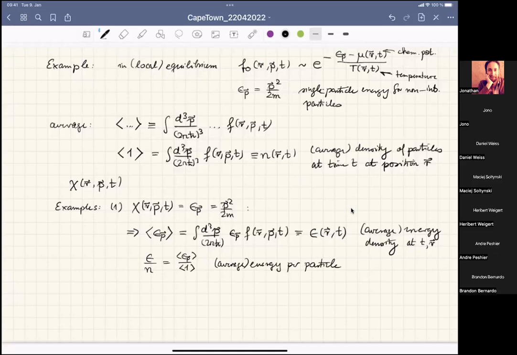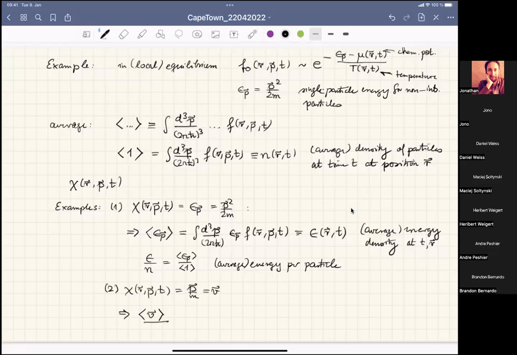Let's make another example, which I will make use of later. Let me take the velocity of the particles, p over m, or v, as this chi, and then average v. Of course, this would have dimension velocity times density.